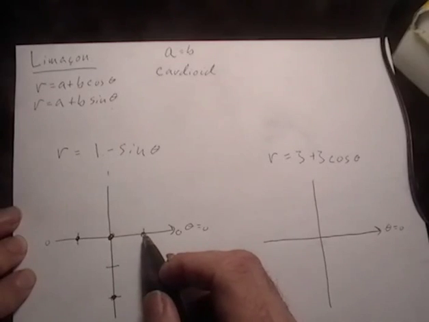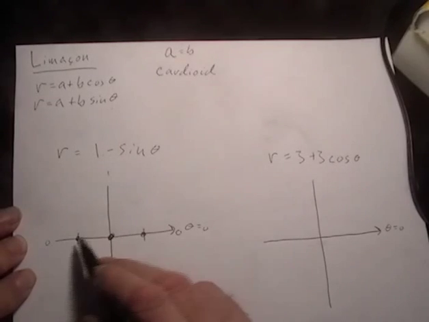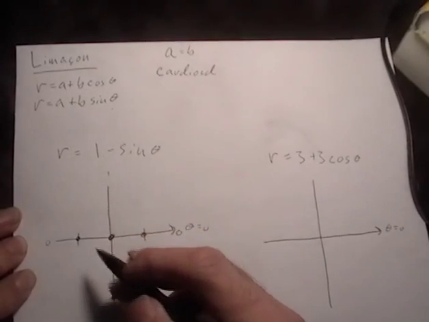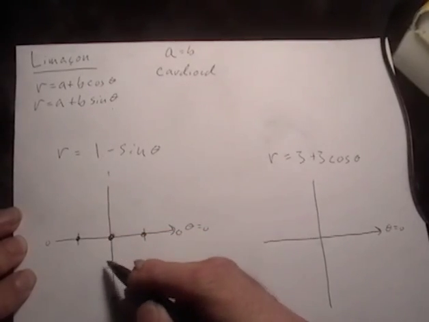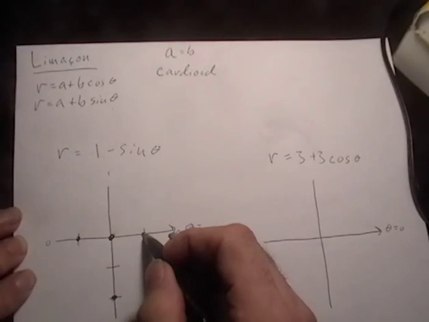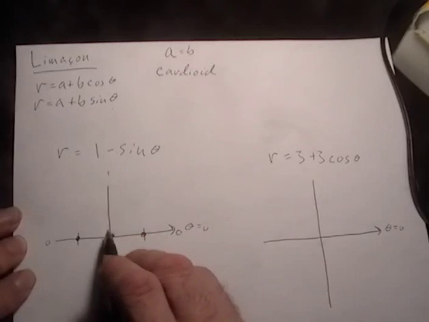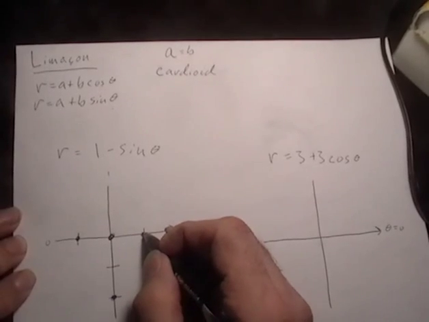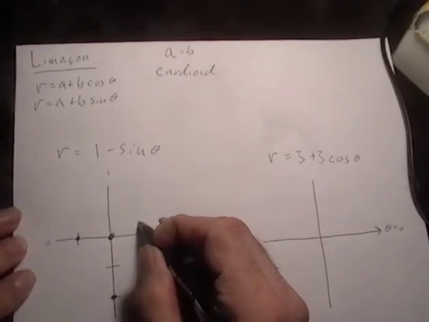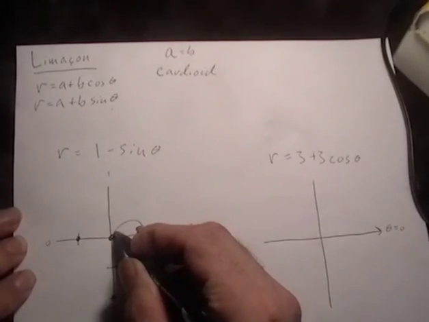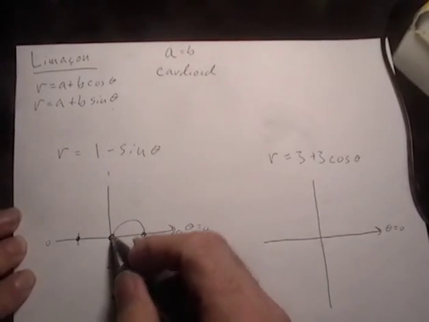Now, these points do fall on a line, but the essence of polar graphing is that the graph occurs as you're rotating about the pole. And so I have to get from r equals 1 to r equals 0, and it will have to be through a curving route, perhaps something like that.